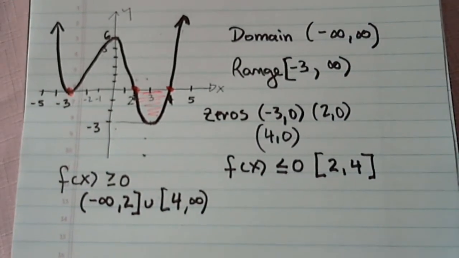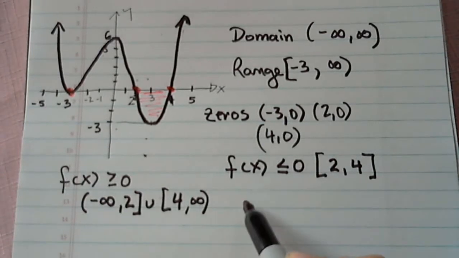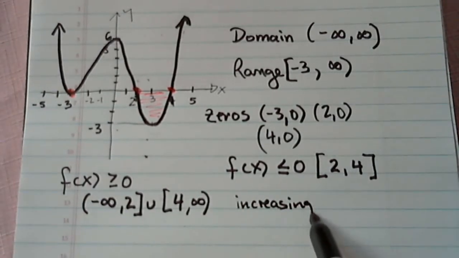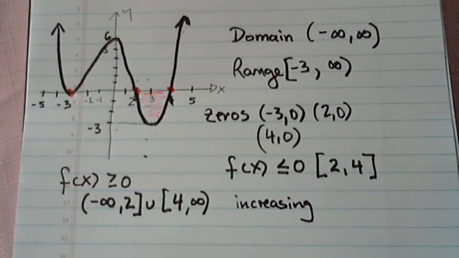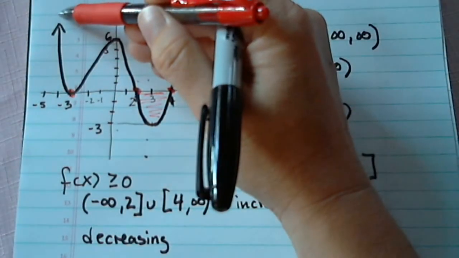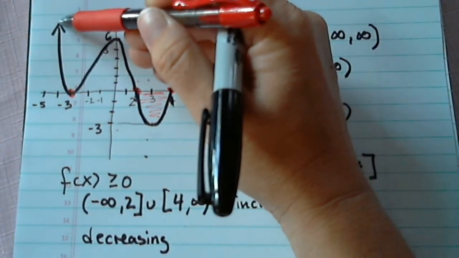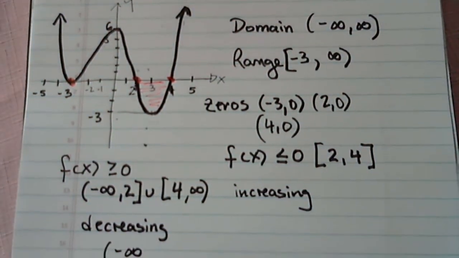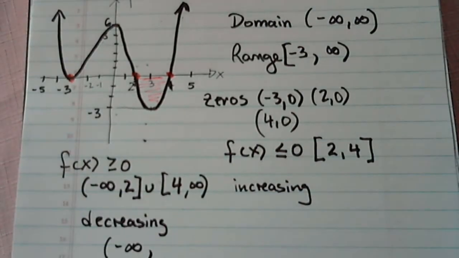Now we see more. Where is this function increasing? Let's trace it with a pen. Well, might as well look at decreasing as well. Decreasing. So if we're tracing it from left to right, we see that we're going down. So that would be considered decreasing. Decreasing from negative infinity. And where do we stop?